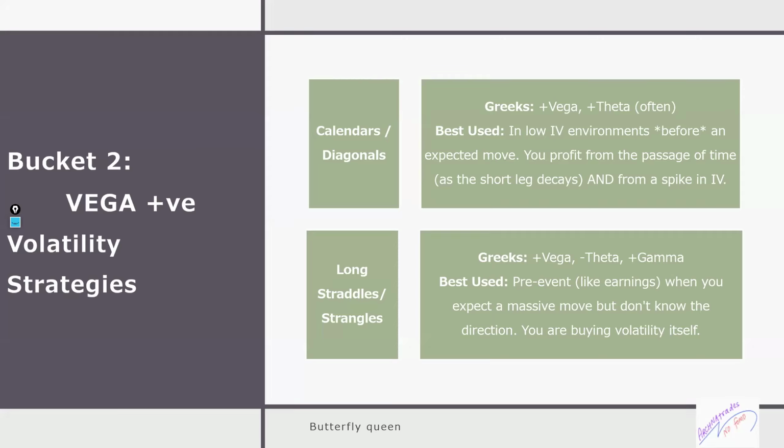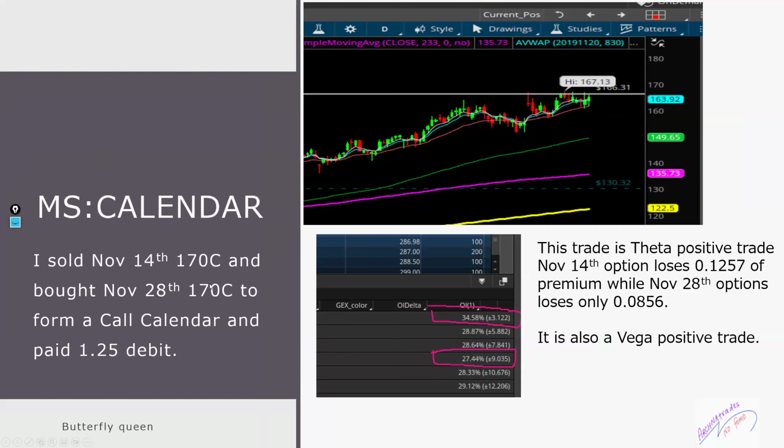Volatility will expand, and you have positive gamma because you're going long. You're buying a call and buying a put because you don't know which direction, but you know there's going to be a big move. So these are Vega positive strategies called volatility strategies. Okay. So this is just one example of how a calendar is set up.